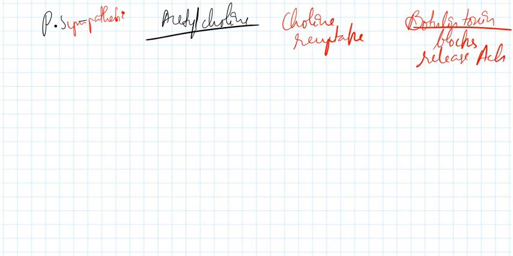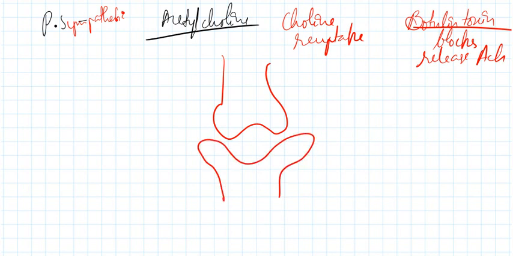I think in the next classes we will discuss, right? See, if this is a synapse, we have sodium gated channel, ion gated channel, we have calcium gated channel, then we have vesicles here. What are these vesicles? These are acetylcholine vesicles.